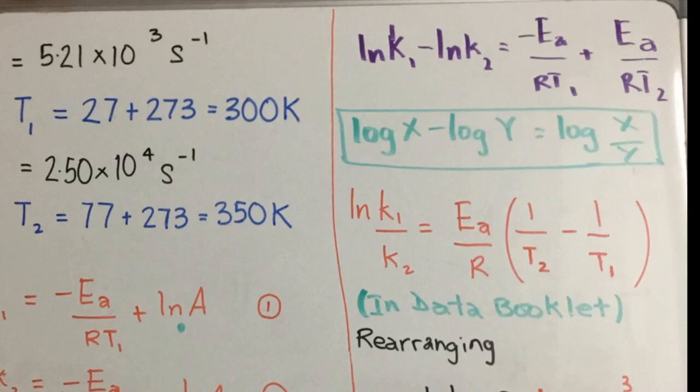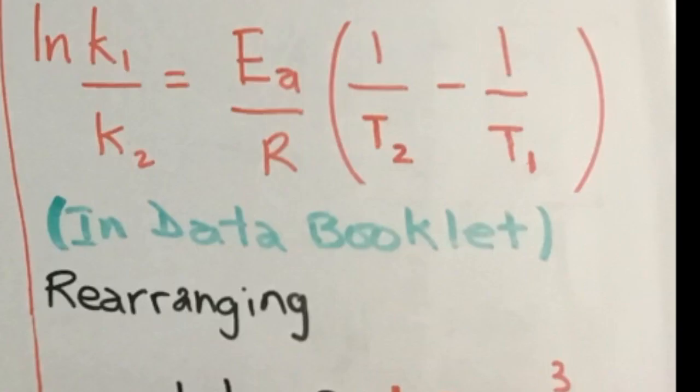Notice the rearrangement that occurred from here, with this coming to the front, so this having a positive sign, T2 minus T1 being put into brackets, and EA divided by R being brought out of the brackets because it's common to both terms. And this equation, even if you're struggling to understand how it's derived, need not bother you, because it's all provided in the data booklet for IB Chemistry, this equation.